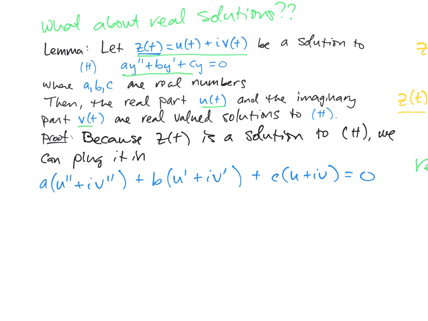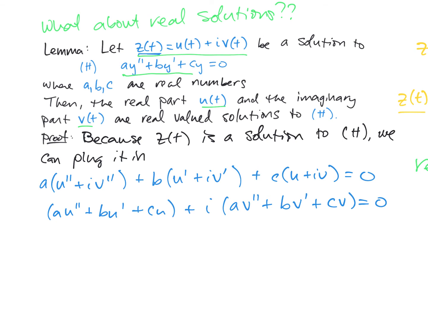And we can just shuffle these things around and we get a u double prime plus b u prime plus c u, plus i times a v double prime plus b v prime plus c v, equals 0.